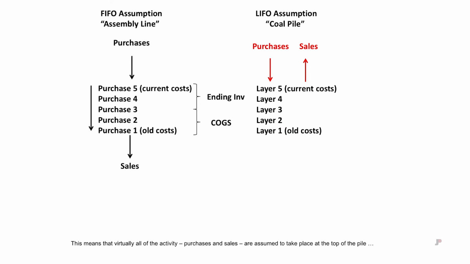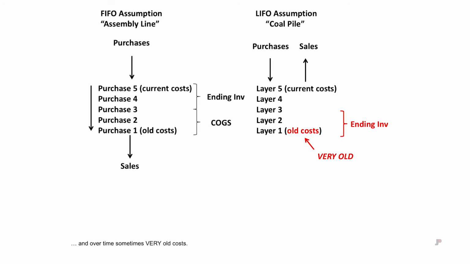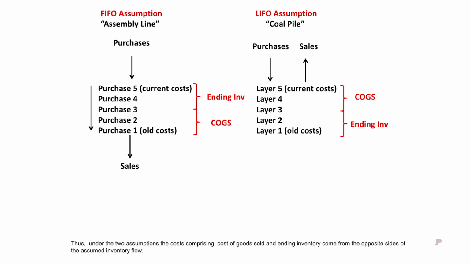This means that virtually all of the activity, purchases and sales, is assumed to take place at the top of the pile, leaving ending inventory comprised of old, and over time sometimes very old costs. Cost of goods sold, on the other hand, is comprised of current, up-to-date costs. Thus, under the two assumptions, the costs comprising cost of goods sold and ending inventory come from the opposite sides of the assumed inventory flow.